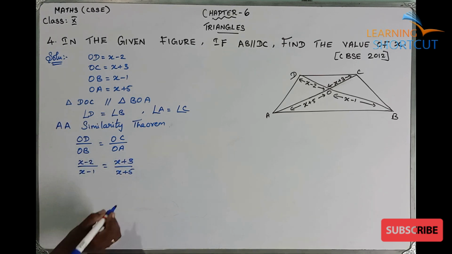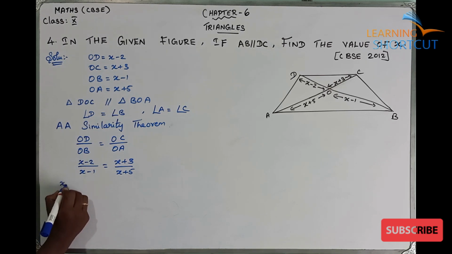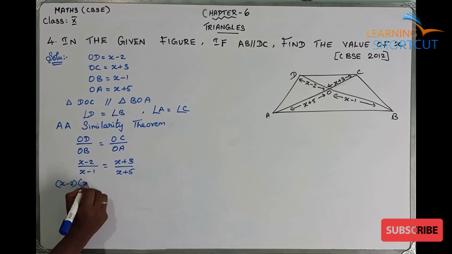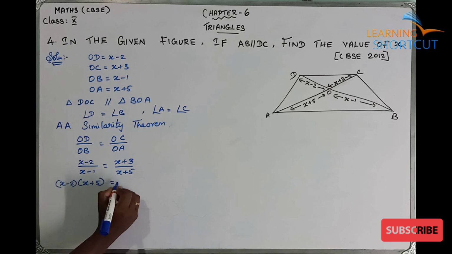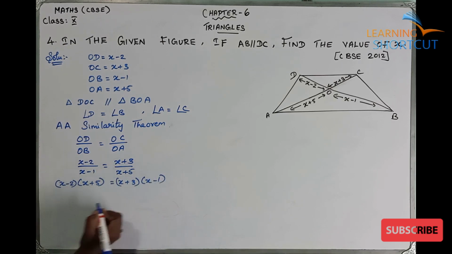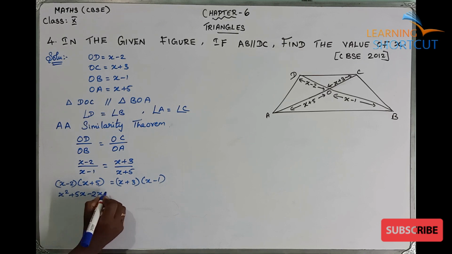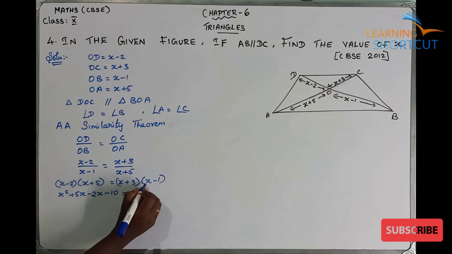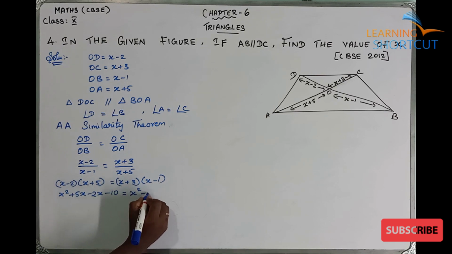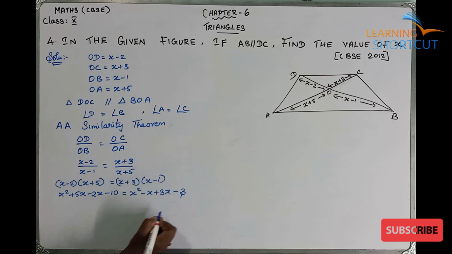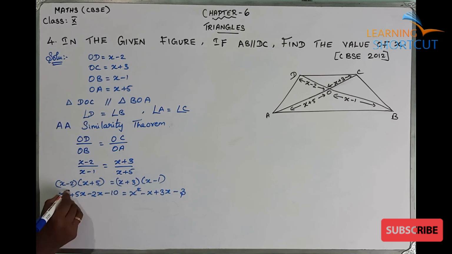So cross multiplying, we will get x minus 2 into x plus 5 will be equal to x plus 3 into x minus 1. Expanding, x square plus 5x minus 2x minus 10 will be equal to x square minus x plus 3x minus 3. So x square and x square will get cancelled.